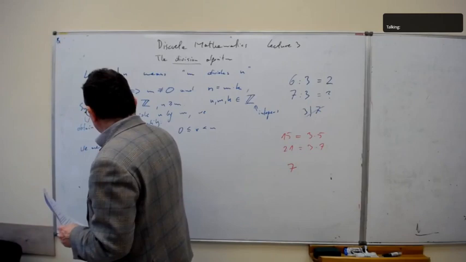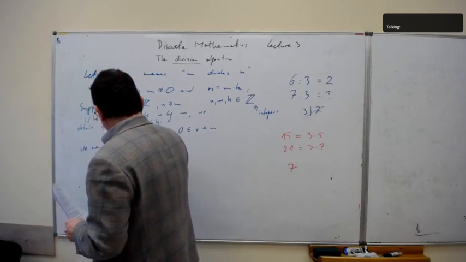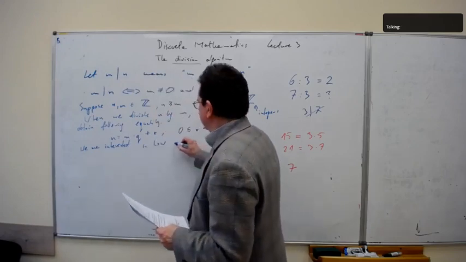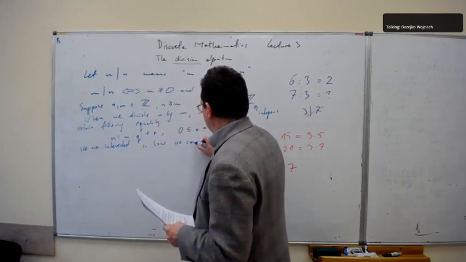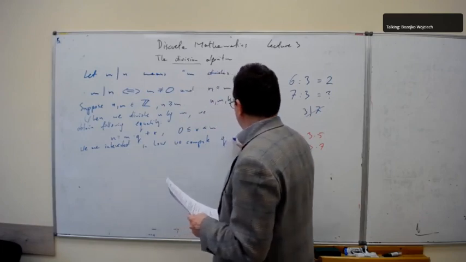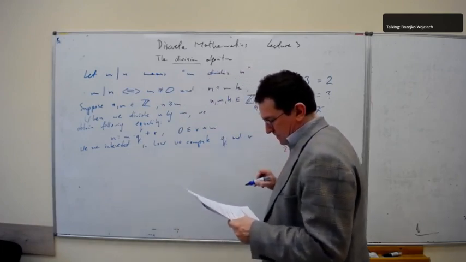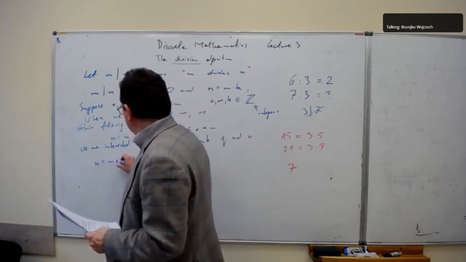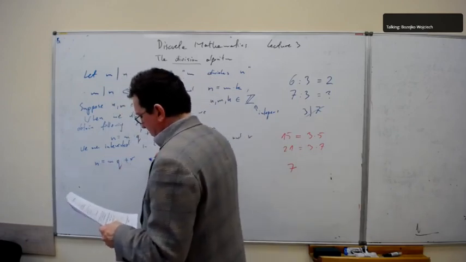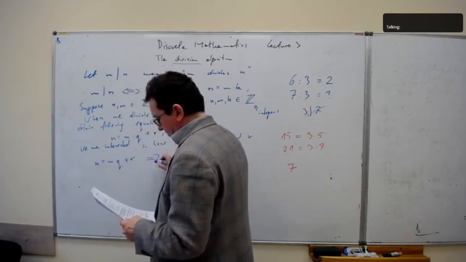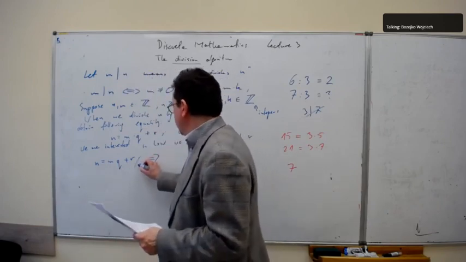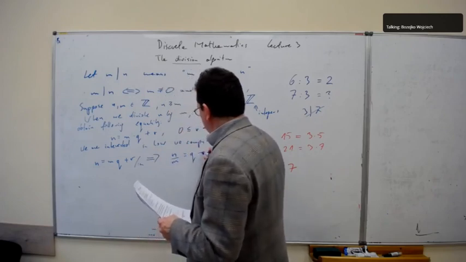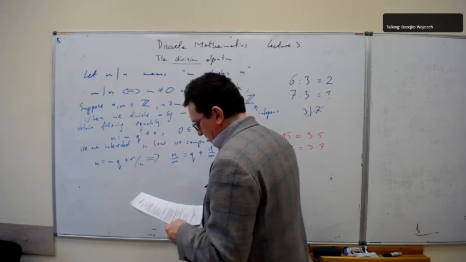We are interested in how we can compute q and r. We can write it like here. If n is m times q plus r, we can write that n divided by m is q plus r divided by m.